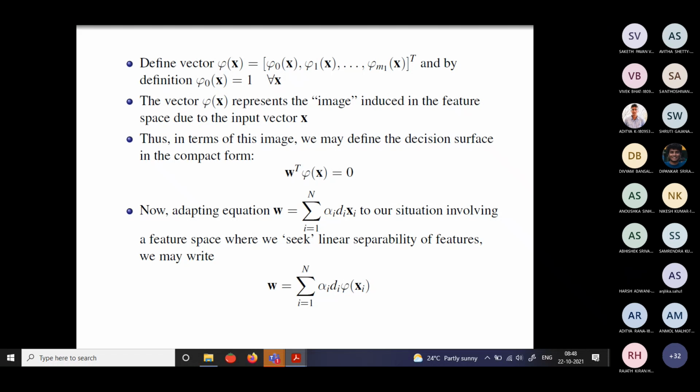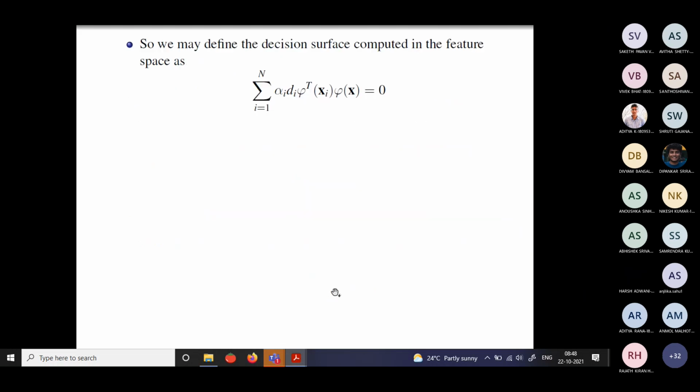In the conventional SVM, when we didn't apply any non-linearity, this was the case. When you apply this kind of mapping or image, instead of just x, it will be replaced by phi of x, right? Everything remains the same. And this we have seen, which we got by applying the first condition for finding the optimality for the linearly separable case.